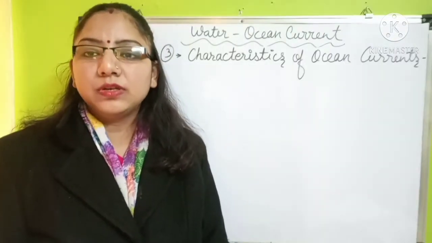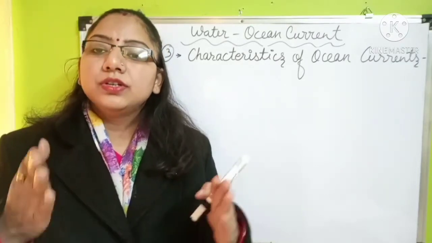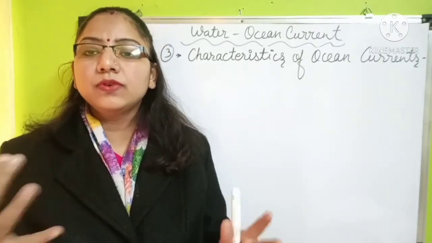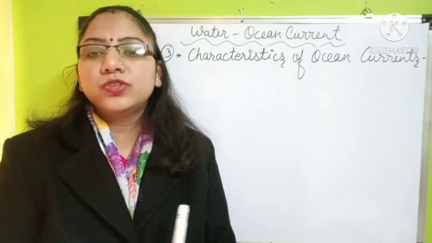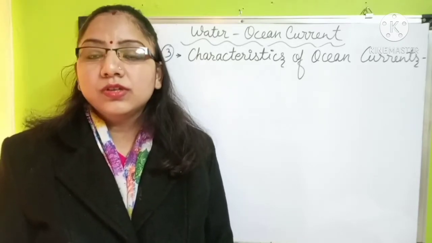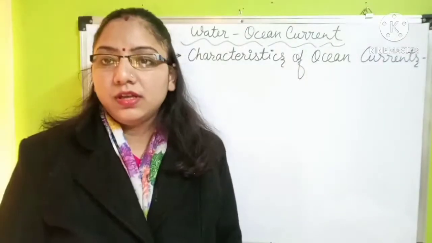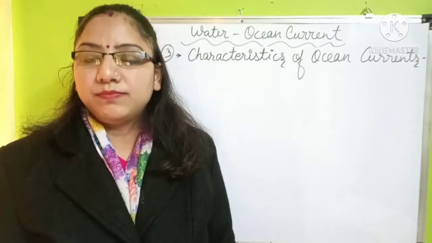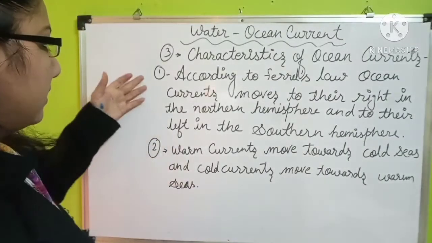Students, as we know, the earth is rotating from west to east, due to which many forces are occurring on the earth, due to which the ocean water is also moving. So here we will see a few characteristics of the ocean currents. The first characteristic is based on Ferrel's law.